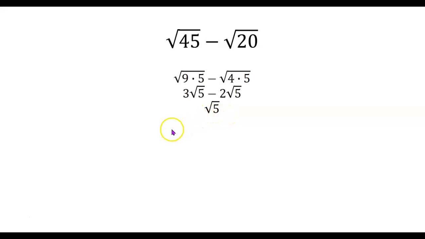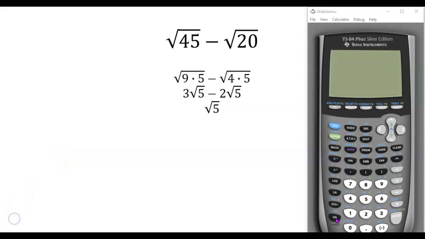And I'll just point out that that's something that you can't really do on a calculator, but you can check on a calculator. If I asked my calculator for the square root of 45 minus the square root of 20, it tells me that that's 2.236067977.